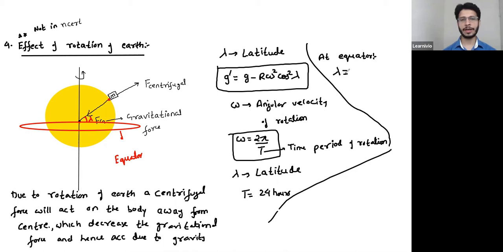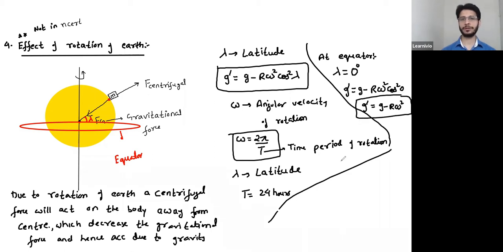What's the latitude of equator? For equator, latitude is 0 degrees. So instead of this lambda, you can substitute 0. So your g prime will be g minus R omega square cos square 0. Cos 0 is 1. So g prime is g minus R omega square.